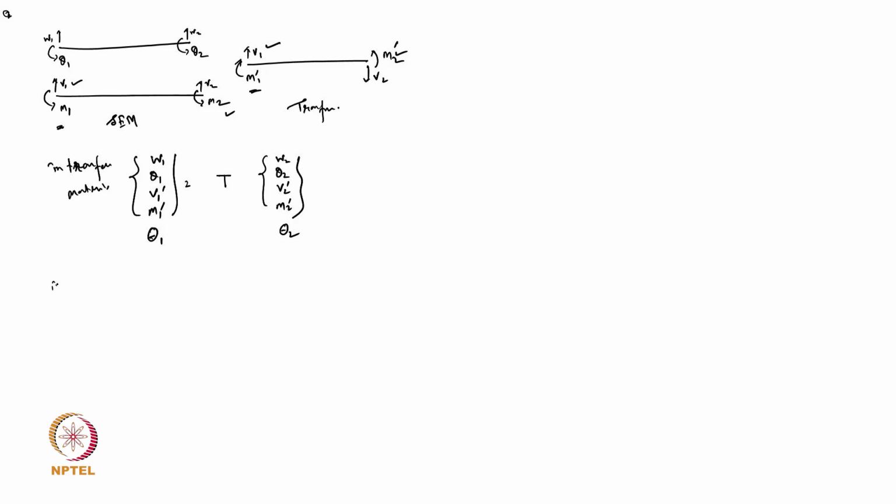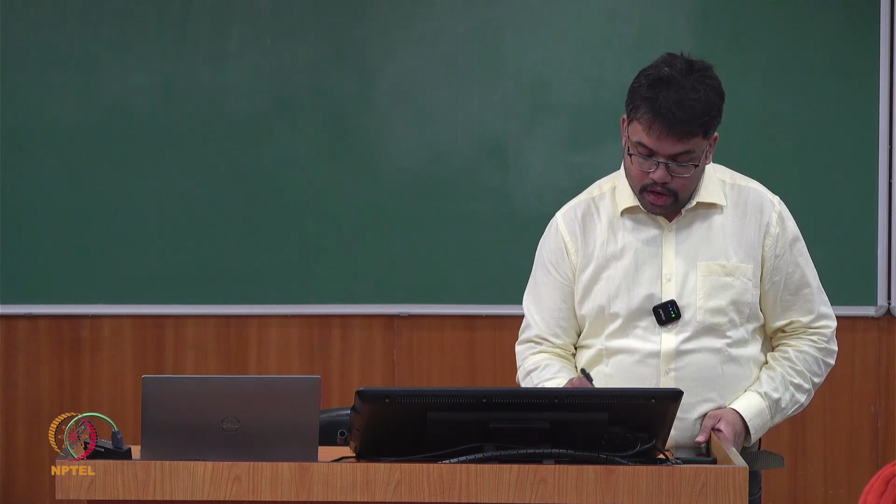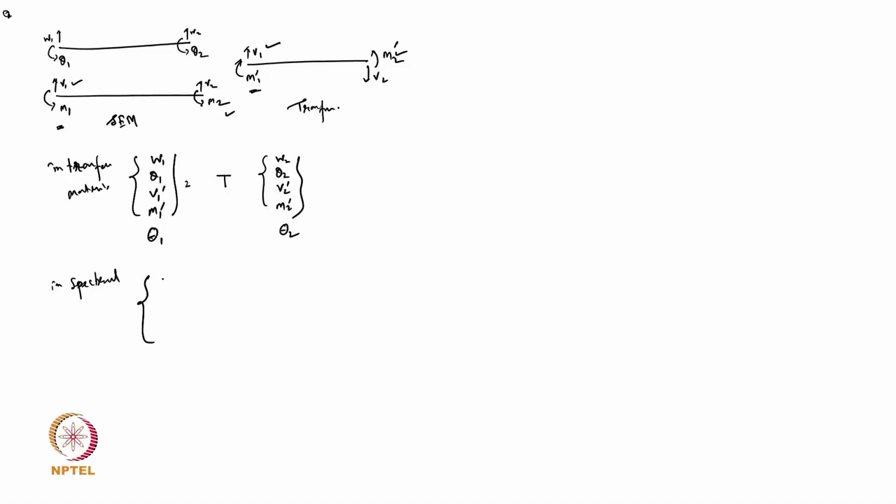But what will happen in spectral? Now in the case of the spectral, what we are doing? We are writing V1, M1, V2, M2 equal to the S matrix, the spectral stiffness matrix, times W1, theta 1, W2, theta 2.